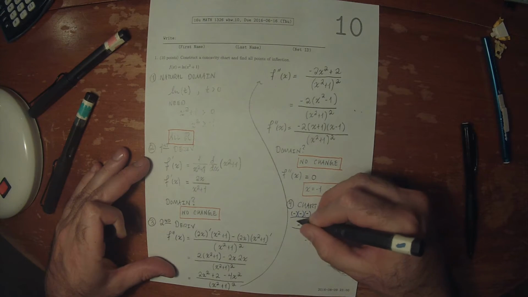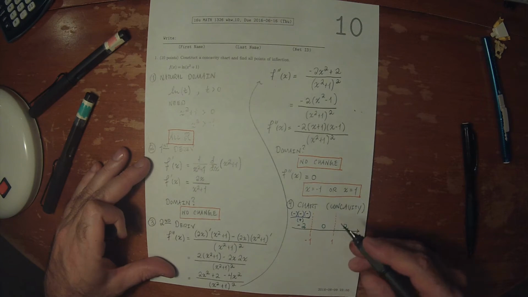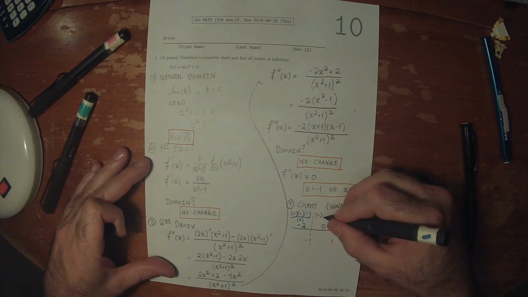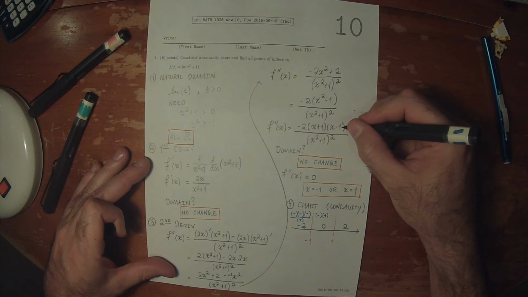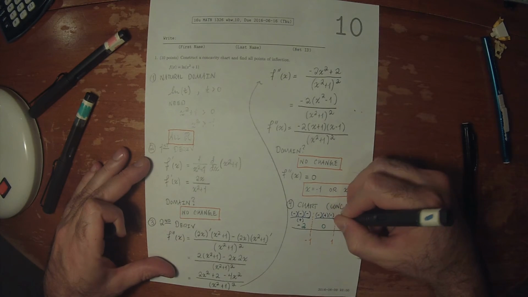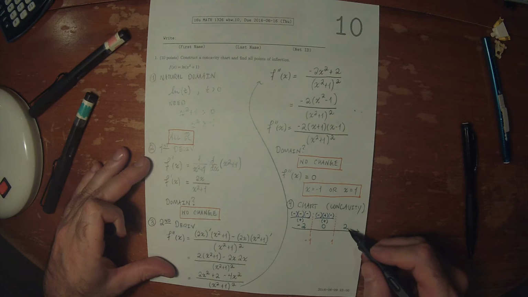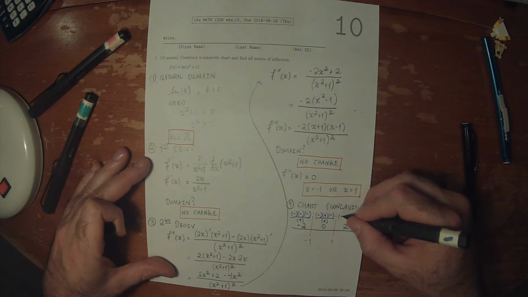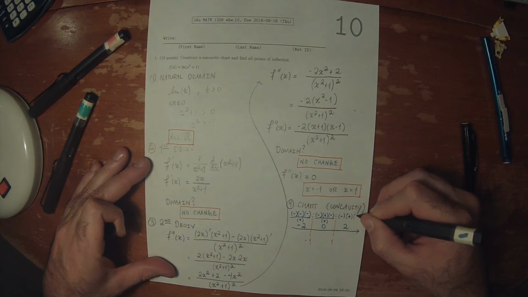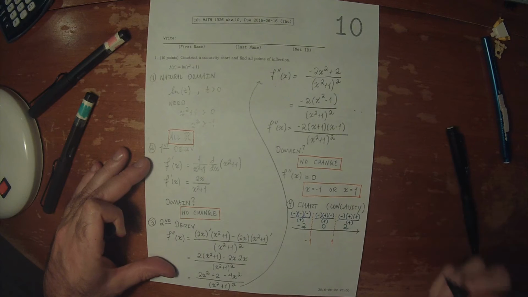So, positive. Plugging in 0, that would be negative, and then positive, and then negative in the numerator. And in the denominator, positive. Plugging in 2, that'd be negative, and then positive, and then positive, and the denominator positive.